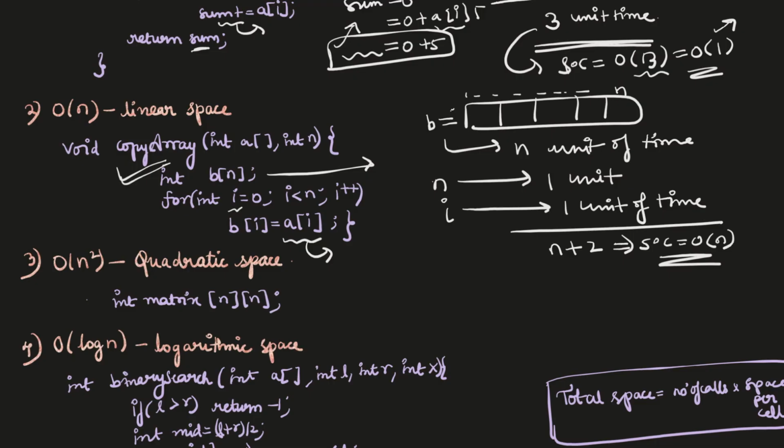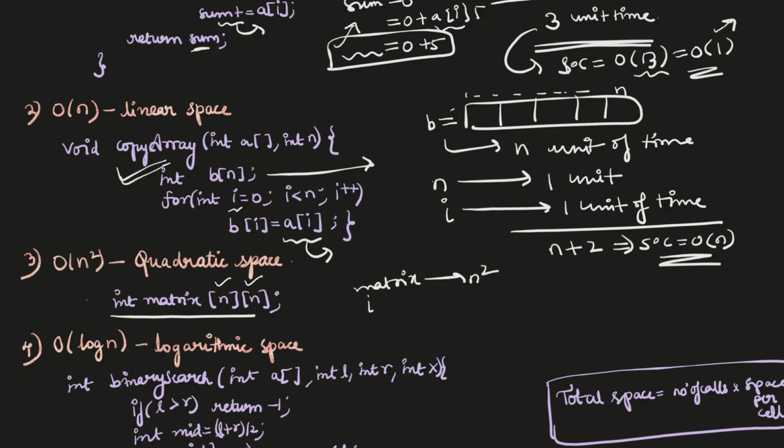Now coming to the next one, it is order of n square, which is quadratic space. Suppose in your block of code you are having a line like this, wherein you are having two sizes, that is n into n. So this matrix would occupy a size of n square.